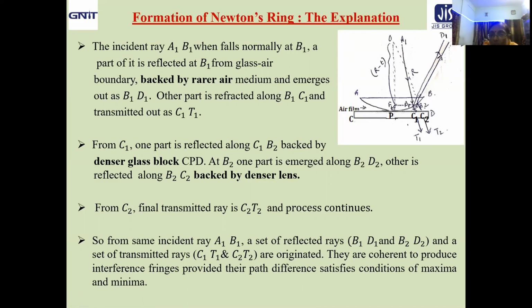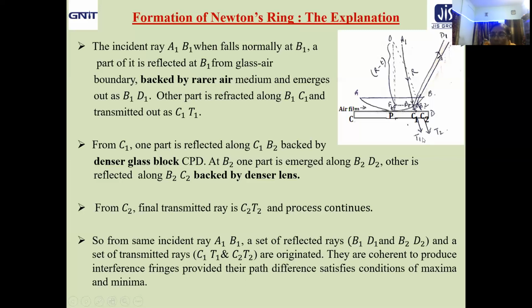Before going to that part, we have to be very careful about one thing. I already mentioned that at B1 reflection takes place from the optically rarer medium, and at C1 reflection takes place from the optically denser medium. Similarly, at B2 reflection takes place from the optically denser medium.